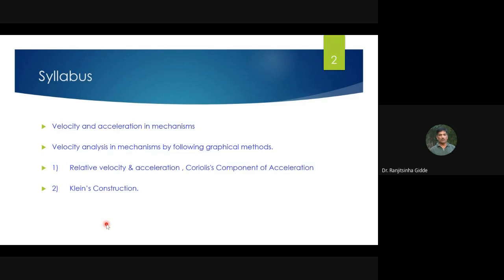Number 1. So this is also asked in the MCQ. Number 1, you can write relative velocity and acceleration, and here, comma, Coriolis component of acceleration.